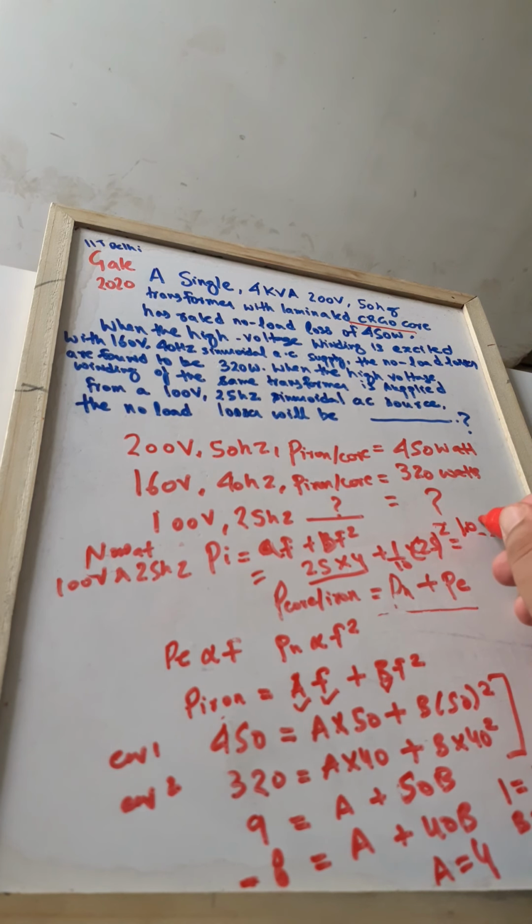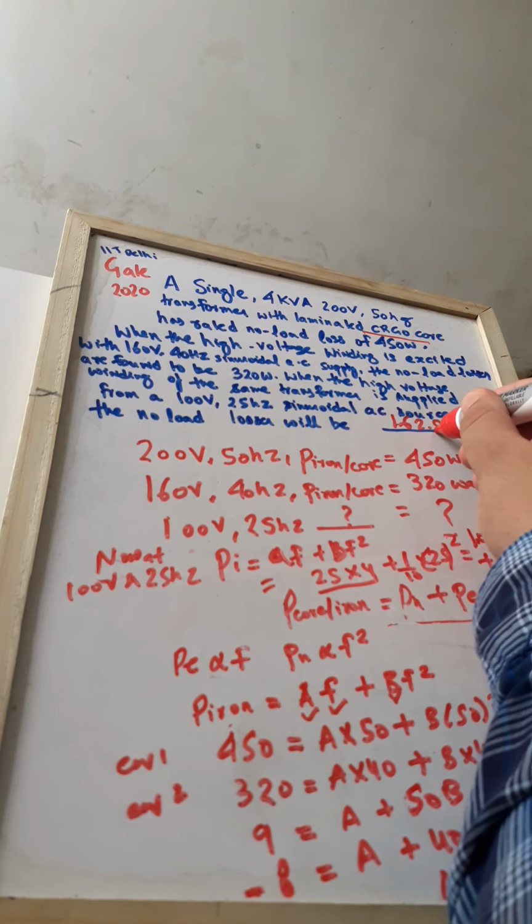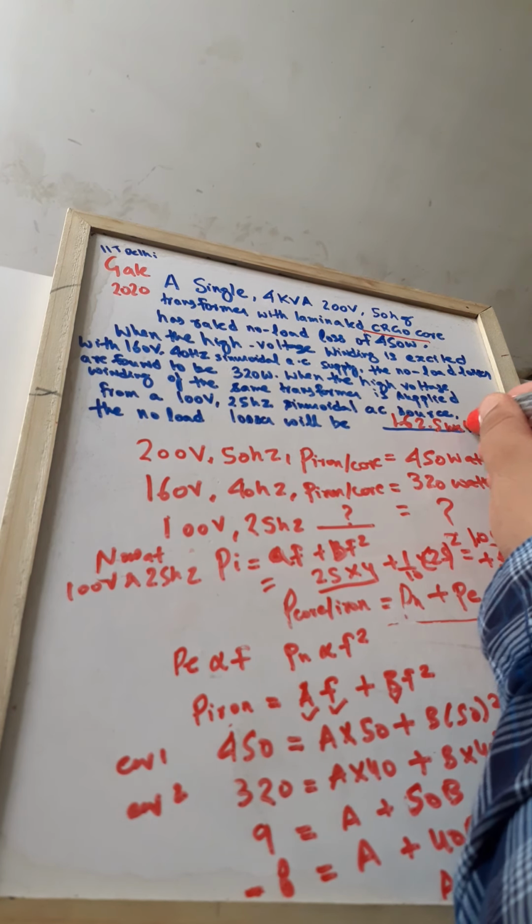So this is 100 plus 625 divided by 10, so this happens to be 100 plus 62.5, so this would be 162.5. So my answer here is 162.5 watts. This is my answer.